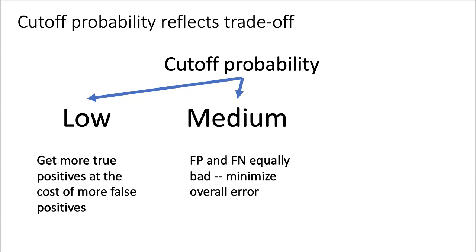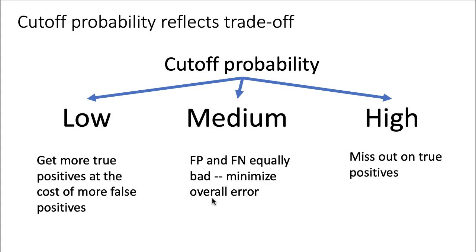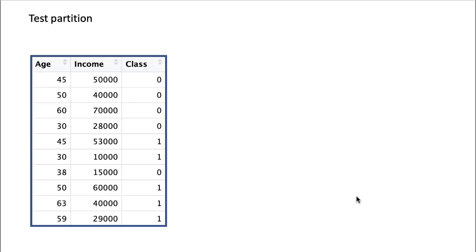You're interested in the performance on one of the two classes, usually the positive class. You're interested in increasing that performance, but you want to trade it off against false positives. And if the cutoff goes too high, of course, then you miss out on many true positives, so you don't want that to happen. So clearly you're looking for a trade-off.